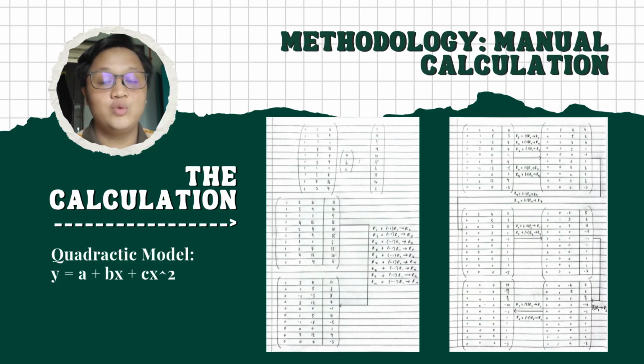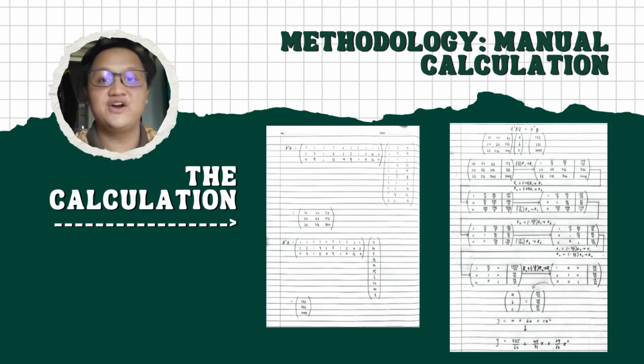So, because of this, we can proceed to use the least square method, where we will be using the equation A transpose AX equals A transpose B. Moving on, now we are going to be using the normal system equation, which is A transpose AX equals A transpose B. So we are doing this to get the value of A, B, and C so that we can obtain the equation of the best fit quadratic curve.